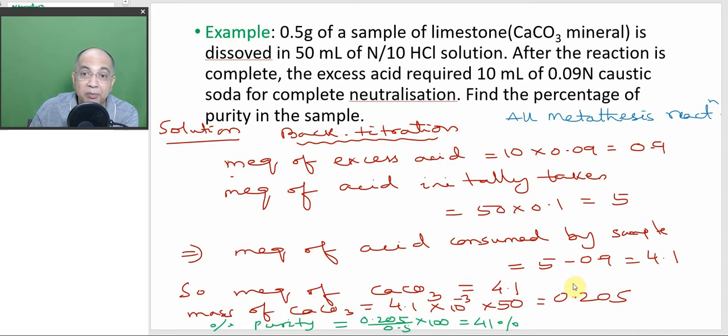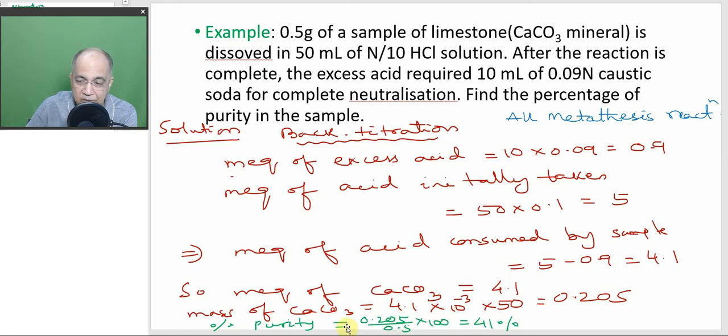So the number of milliequivalents of calcium carbonate is also the same. As many milliequivalents of HCl are consumed, or in fact any reactant is consumed, maybe sulfuric acid, whatever, the same is the number of milliequivalents of the original compound calcium carbonate. So now convert to the mass.